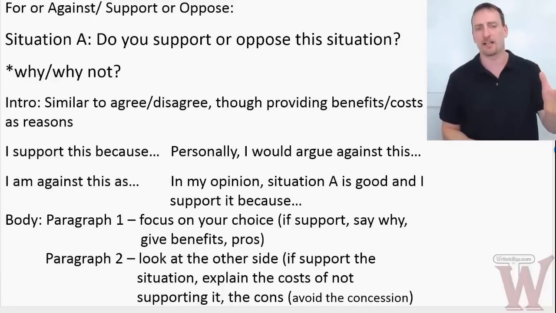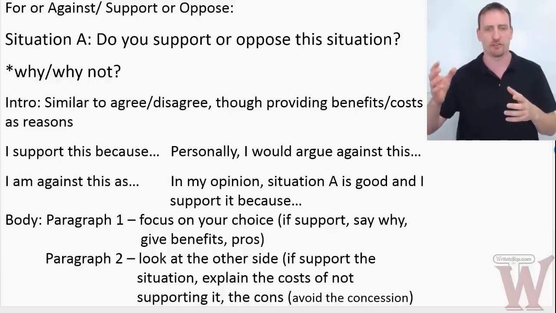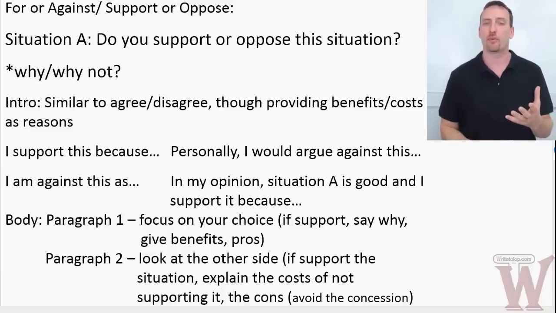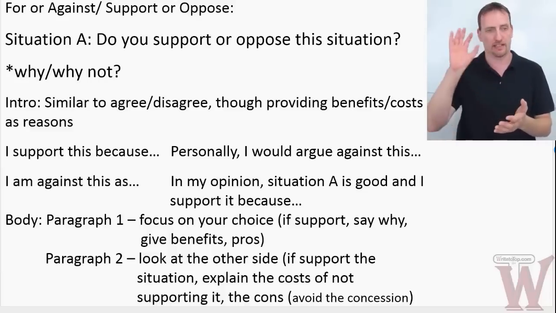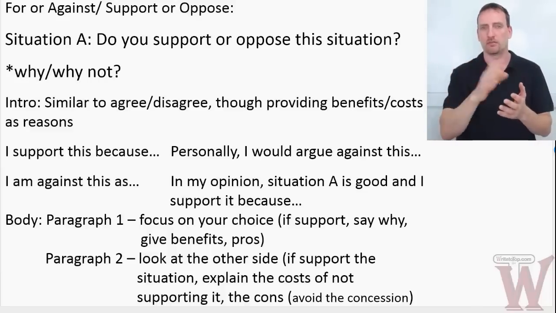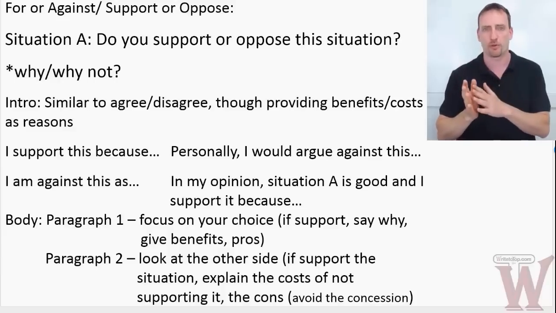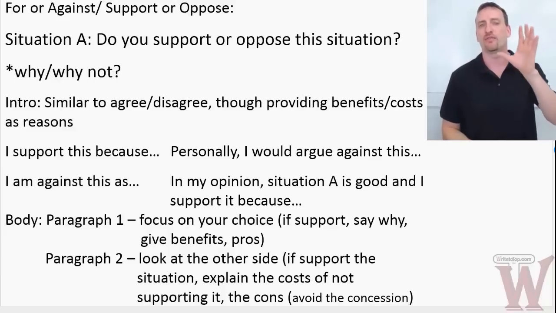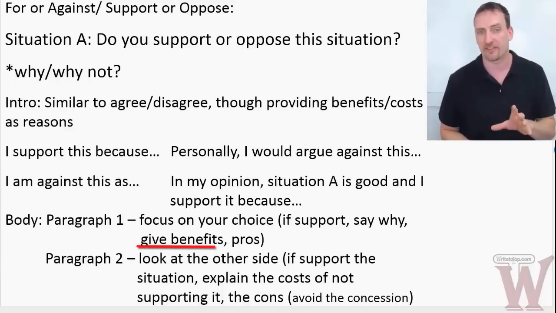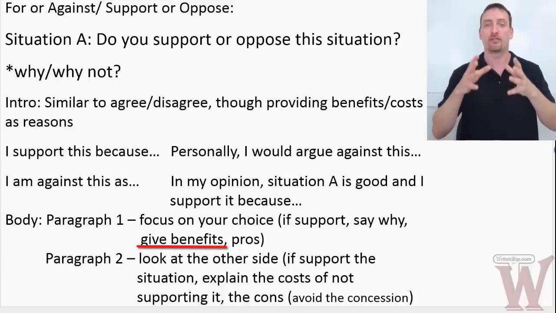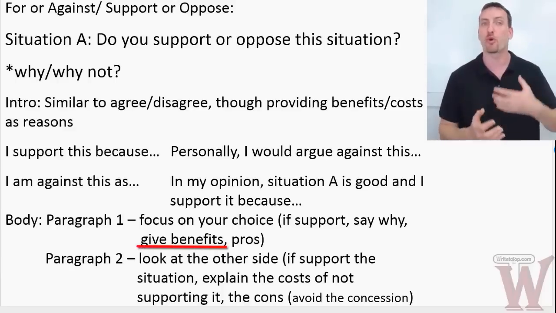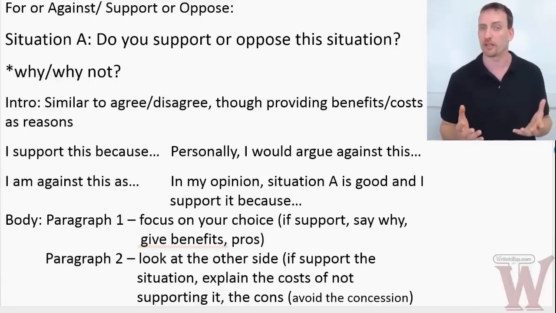I support this because, in my opinion, whatever the situation is good, and I support it because, give your reasons. Now, paragraph 1, again, in the introduction, you say what you choose, support or oppose. In paragraph 1, you focus on the choice you've made, support, and say what are the benefits, what are the pros of doing this? What are the pros of building that shopping mall in your neighborhood?